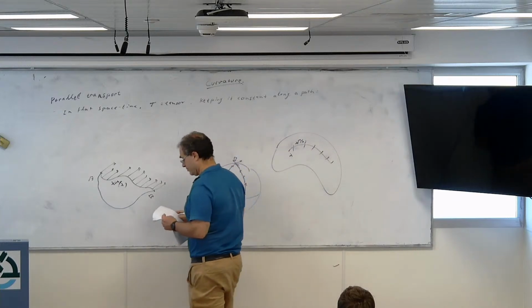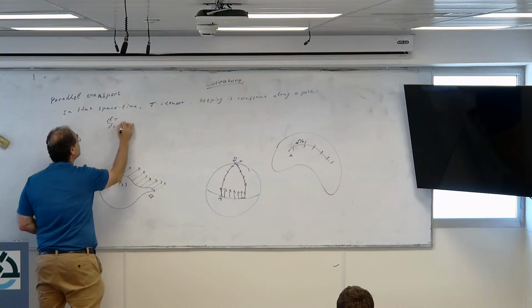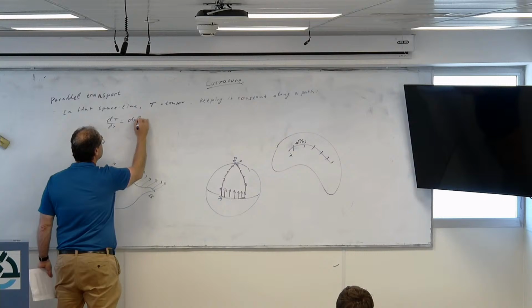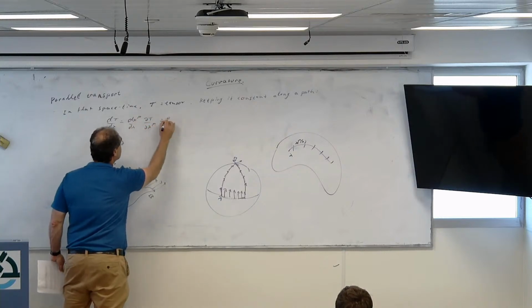What does that mean? dT/d lambda is what? Zero. Of course, dx^mu/d lambda times dT/dx^mu is equal to 0.